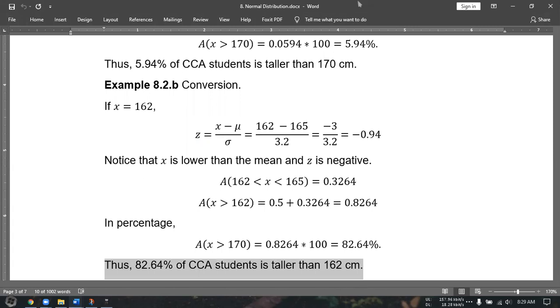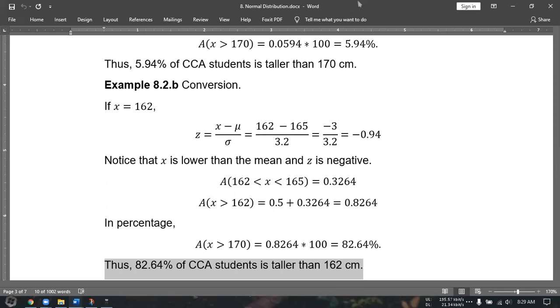Any questions so far? No questions? So I assume by now you should know when you'll be adding from 0.5 and when you'll be subtracting from 0.5. The illustration is very important.